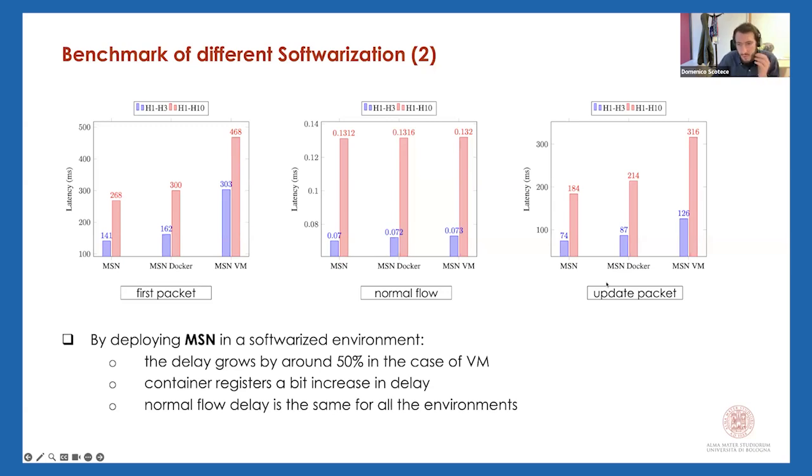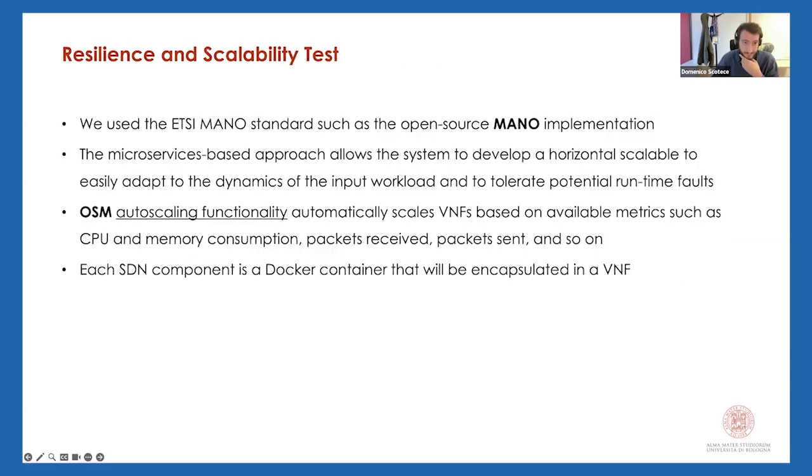The situation is more or less the same as the first packet for the update. It's the same update after 5 seconds. Docker adds a bit of latency compared to the MSN, but the virtual machine is more or less the same, 2 times the standard MSN. Okay.